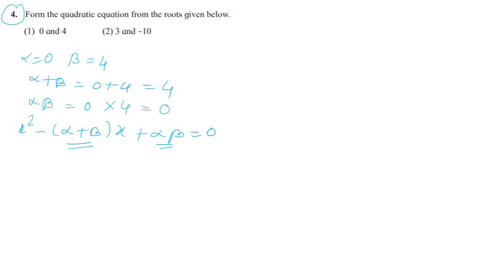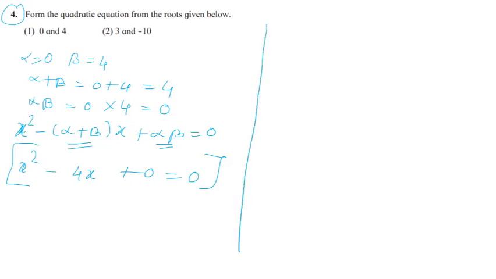Okay. Now substitute the value in the quadratic equation. x square minus 4x plus 0 equal to 0. This is the required quadratic equation. Okay. Now the second example, alpha is given here 3 and beta minus 10.